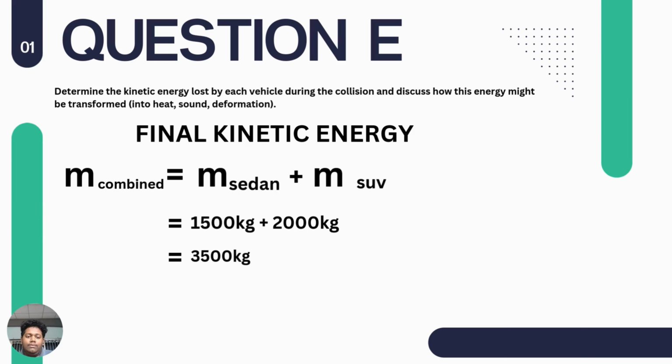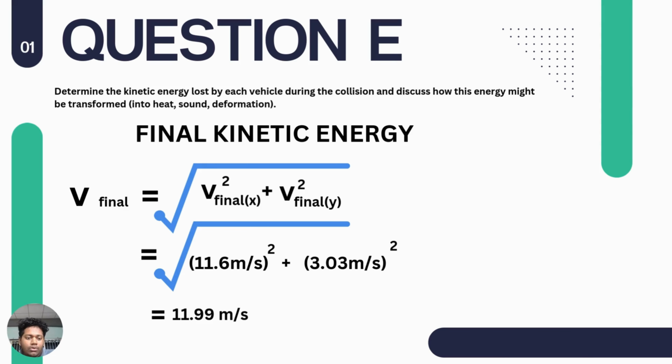Next is to find the final kinetic energy, but before that, we have to find the combined mass as we did before, which is 3500 kg. One more step, we have to find the final velocity also. To find this, we have already listed out as before. Final velocity x is 11.6 meter per second, and final velocity y is 3.03 meter per second.